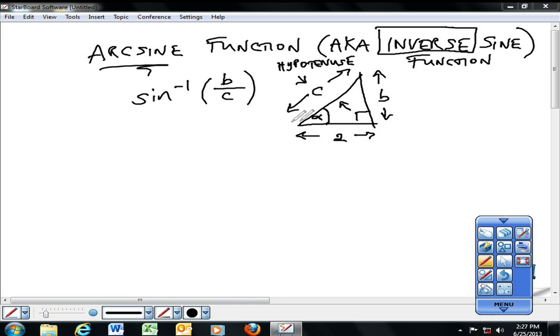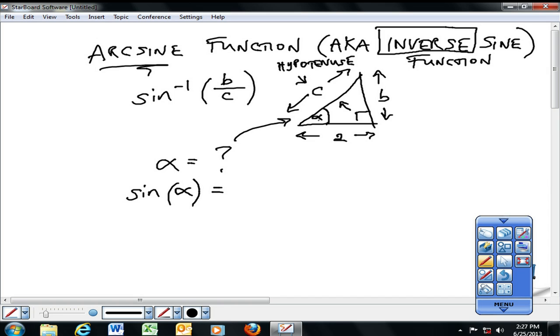If we want to solve for this guy, this is our unknown, that's our angle. If we were to go back to good old-fashioned SOHCAHTOA, here's the sine of alpha. Remember, I don't want to take anything for granted here.